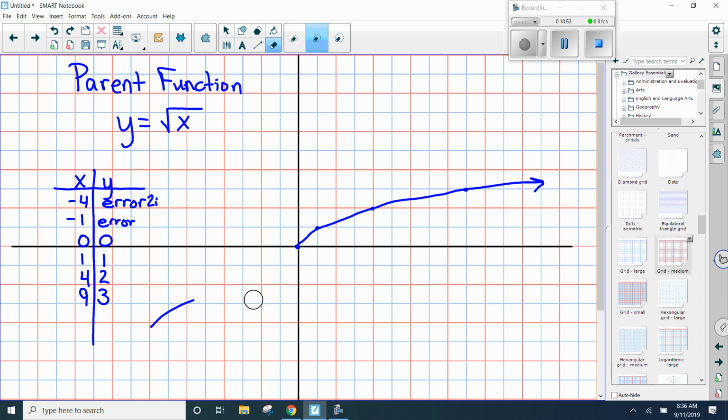Maybe I should get rid of this. You can manipulate it. You can negate it in front. If you put the negative in front of the radical sign, it's going to curve it like this. If you put the negative underneath the radical sign, you're going to get something like that.